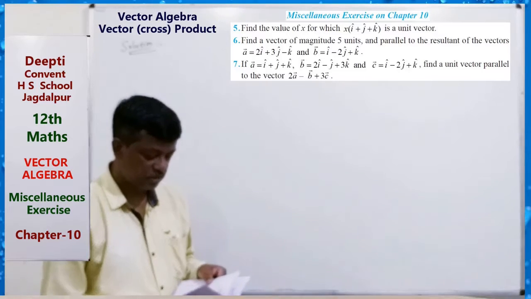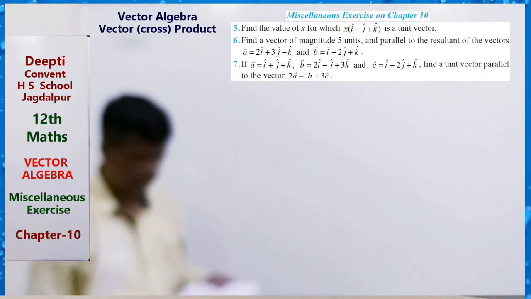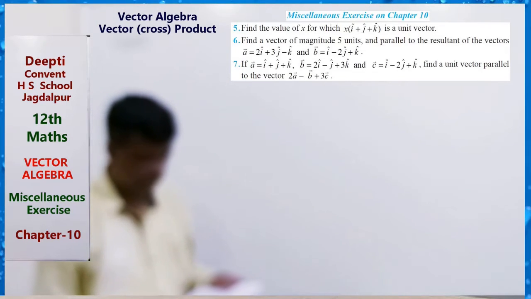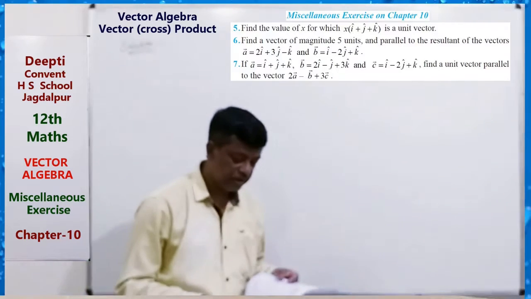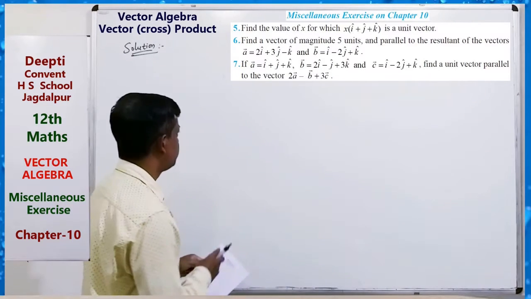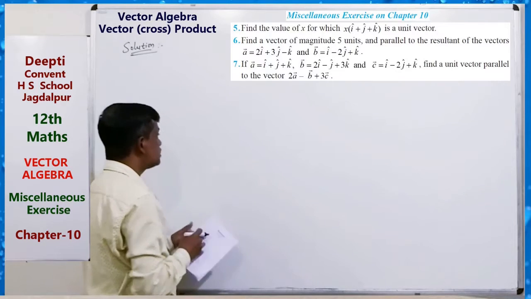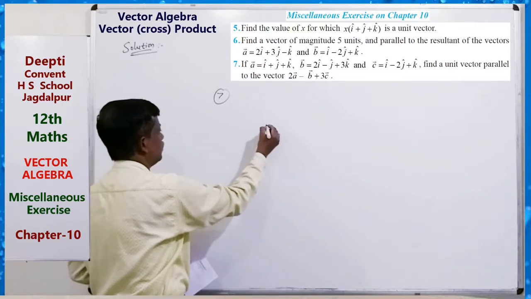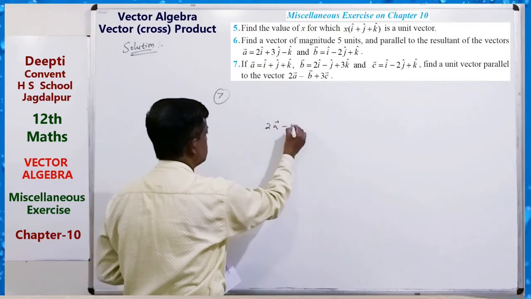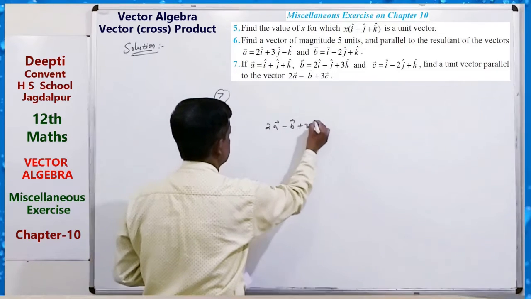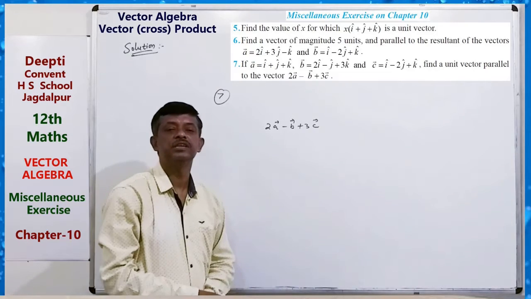Question 7. A, B, C are given, and we want 2A minus B plus 3C. This is a combination of 3 vectors.